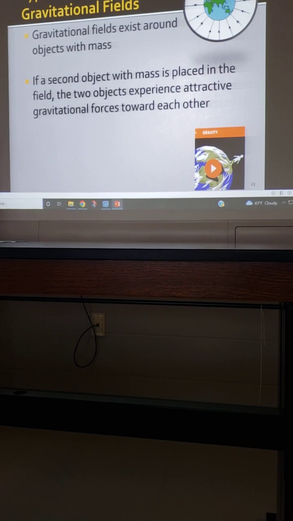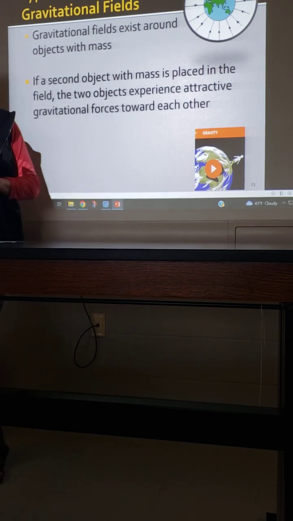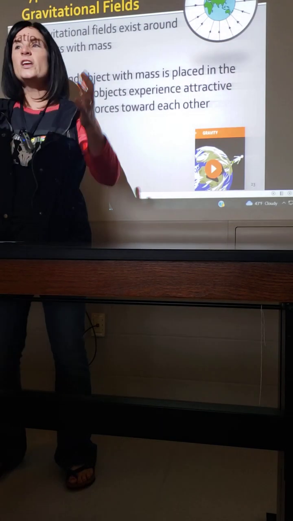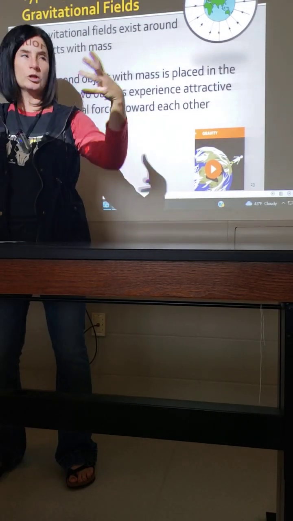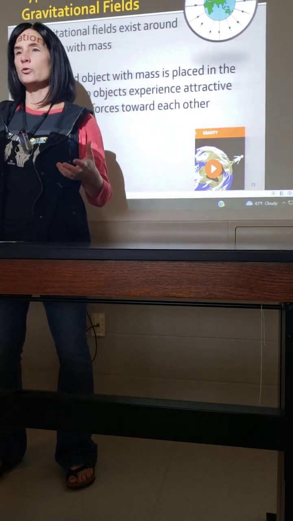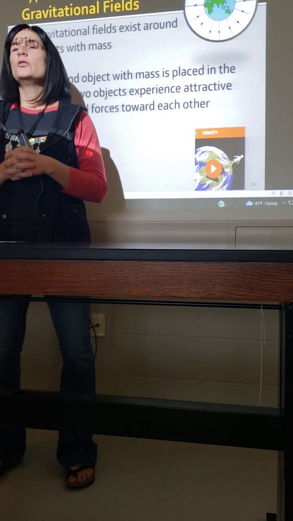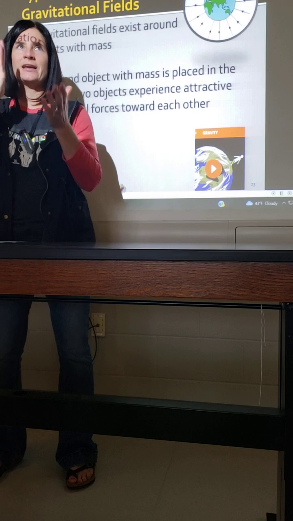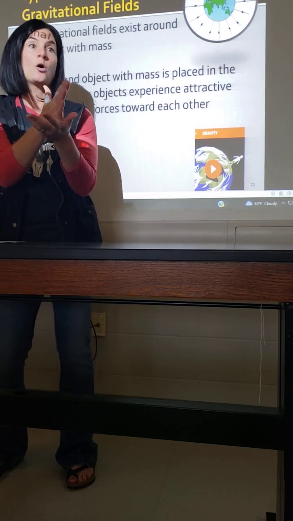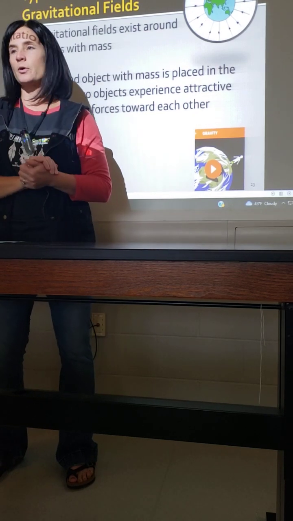Does anything with mass, no matter the mass, have a gravitational field, or does it have to have a certain amount? So here's the thing, everything does. We are all exerting a gravitational pull on each other right now, everything in this room. It's not like you reach a certain number and it's the special number.